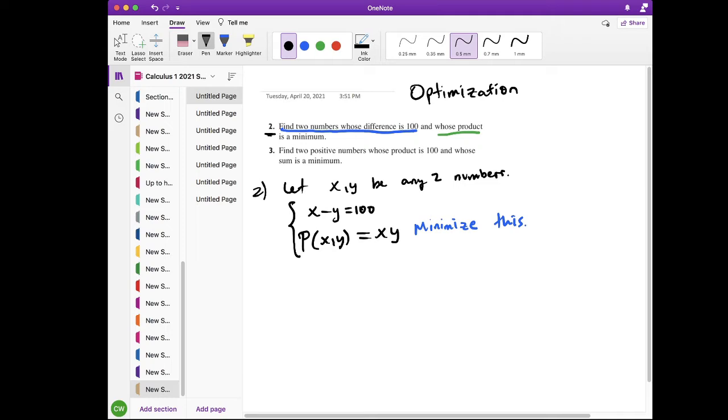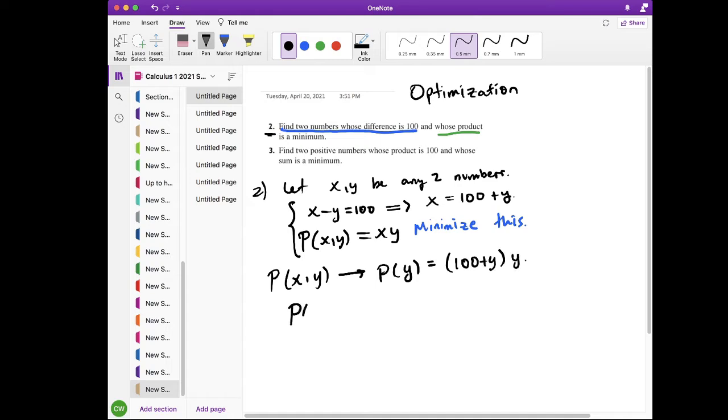Yes. So using this first statement, it must always be true because that's the condition that two numbers have a difference of 100. Then one of the numbers, x, is always 100 plus the other number. So this turns p of x, y into p of y, which equals, instead of x, we put 100 plus y, times y.